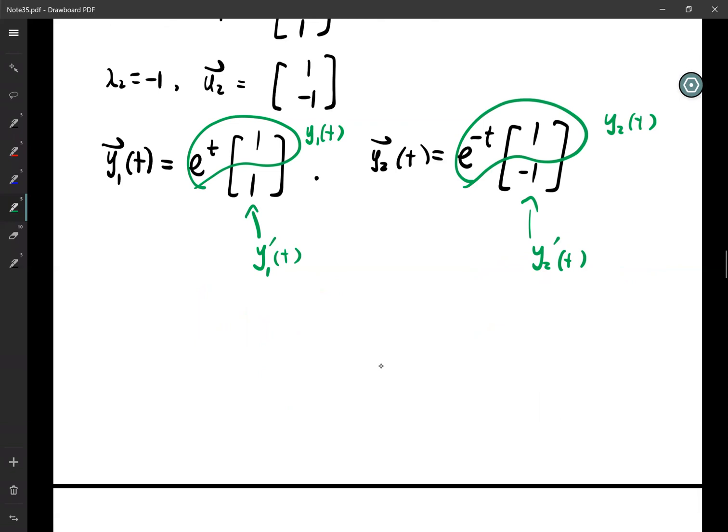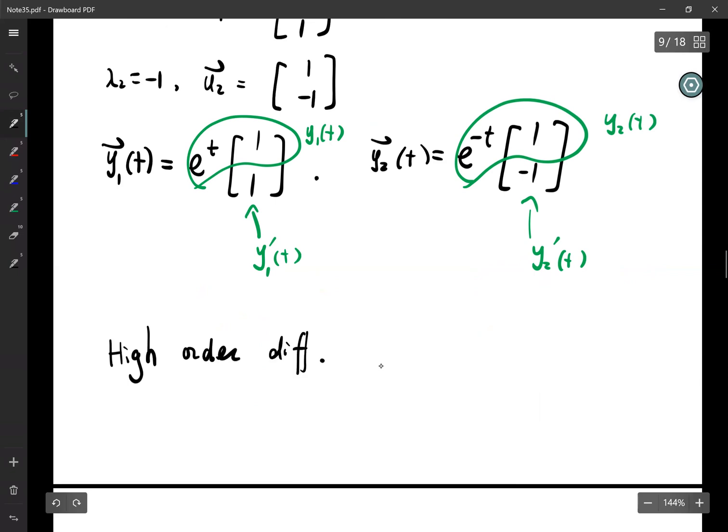Okay, so I want to say that you might think higher order differential equations are a special case of d/dt yt equals A yt. We have shown you constructively how to do that.